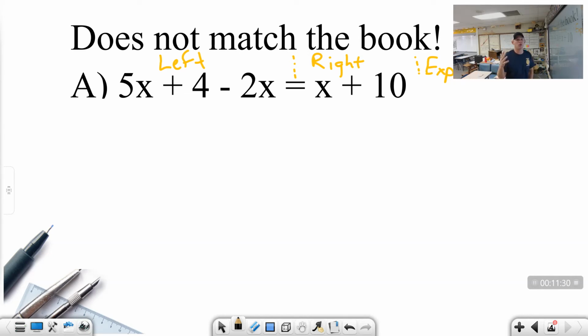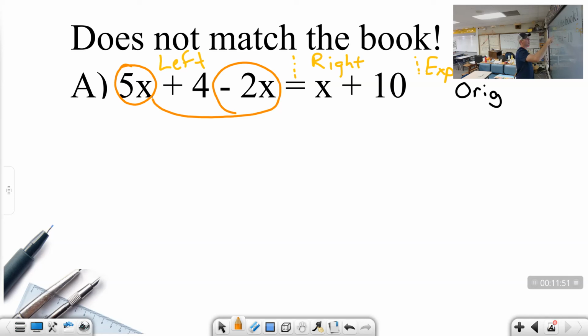In problem letter A, you are starting off by the problem and you wrote original. And you look, 5 legal moves. What is your first legal move? Is there a 0 pair? I see 5x and negative 2x.